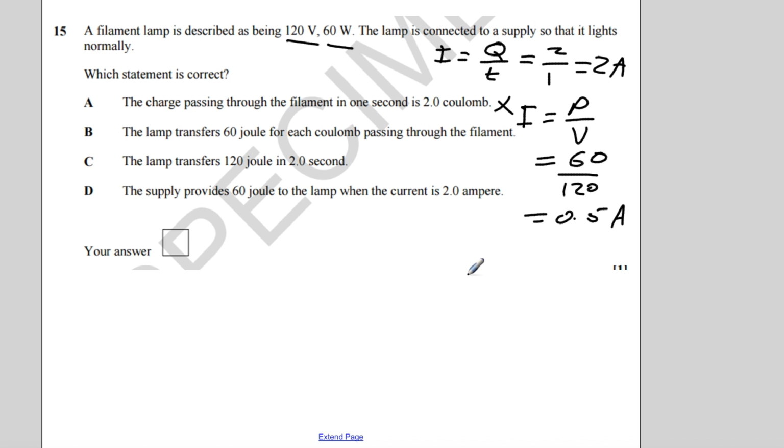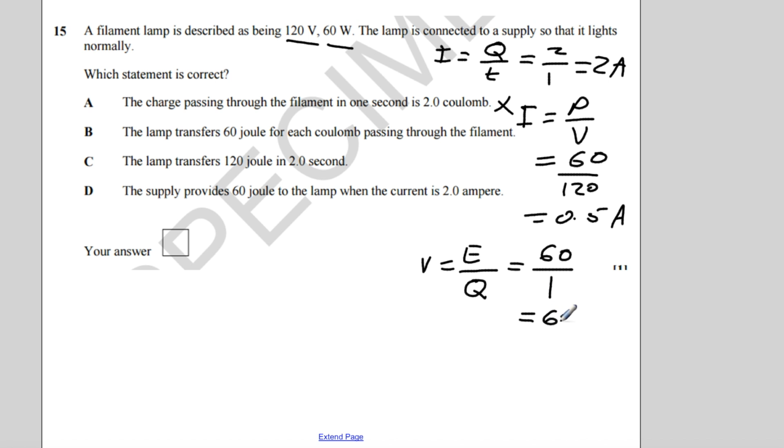Now when you hear about joules per coulomb or joules for each coulomb, we're talking about the voltage. So the voltage is the energy per unit charge. And this is saying that 60 joules for each coulomb. So we're saying that's 60 joules for every 1 coulomb.